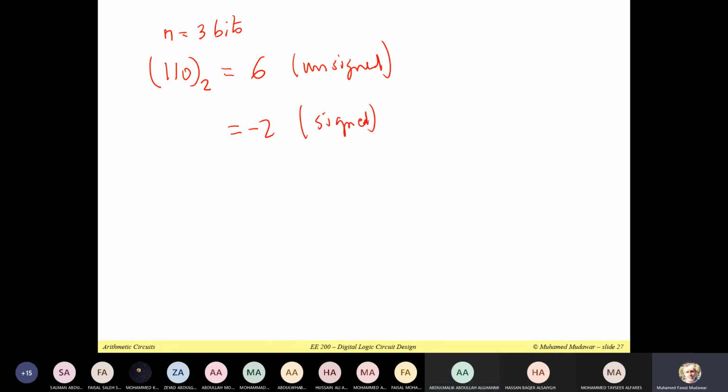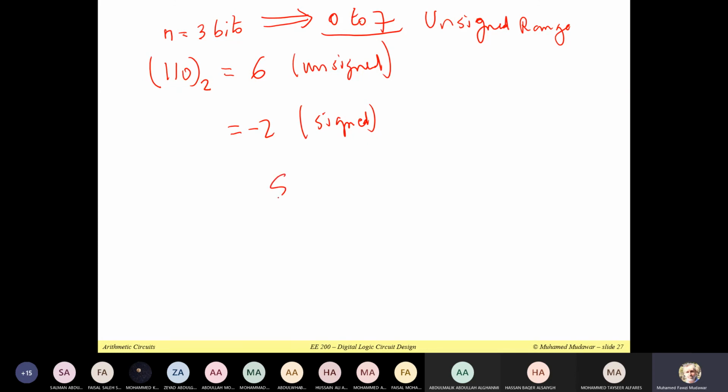In fact, if you have only 3 bits, what will be the range? If it were unsigned, it will be from 0 to 7. You can only represent numbers from 0 to 7 if you are using only 3 bits.